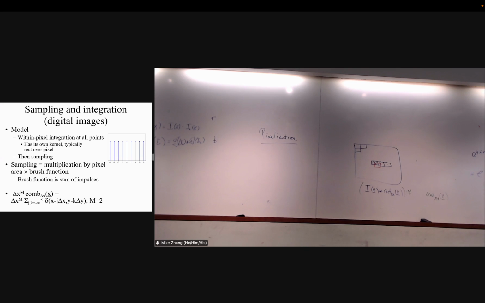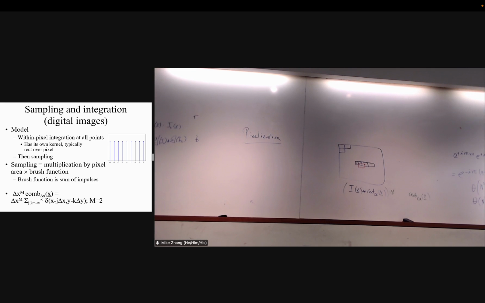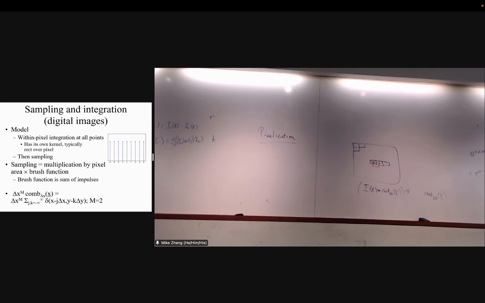But be careful, because if you think of combs of delta x, if delta x is one level and delta x prime, a different delta x, is half of the other delta x, you're going to have twice as many impulses in 1D, 4 times as many in 2D, 8 times as many in 3D, right?